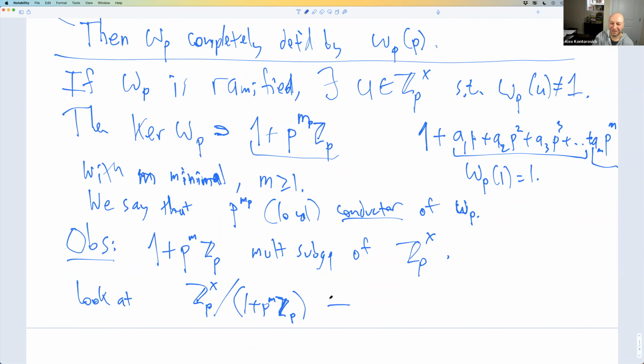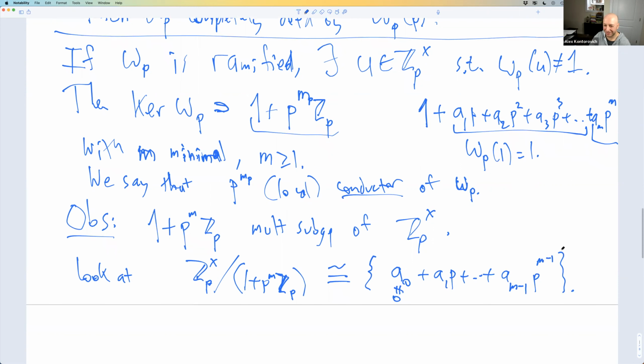I claim that a set of representatives for this is A0 not equal to 0 plus A1P plus up to A M minus 1 P to the M minus 1. Yeah, that does make sense. Right? ZP cross, you can have any digits. And now this is saying, okay, but I can change the last digits to be whatever I want. In particular, I can make them all zeros if I like.